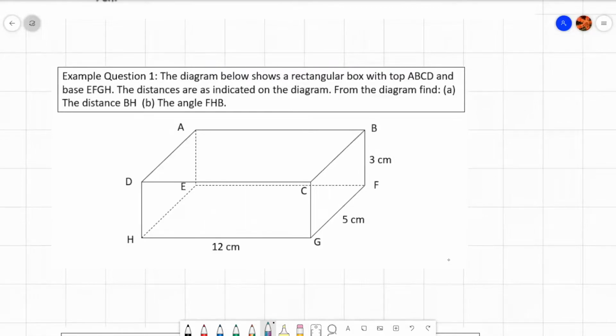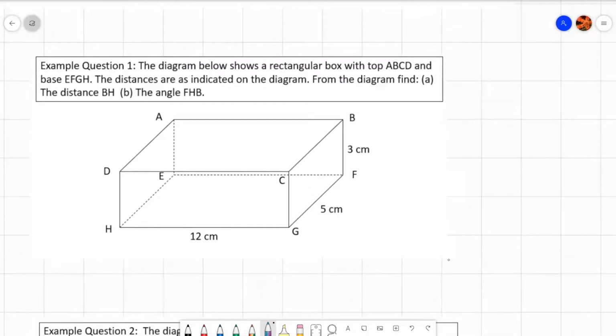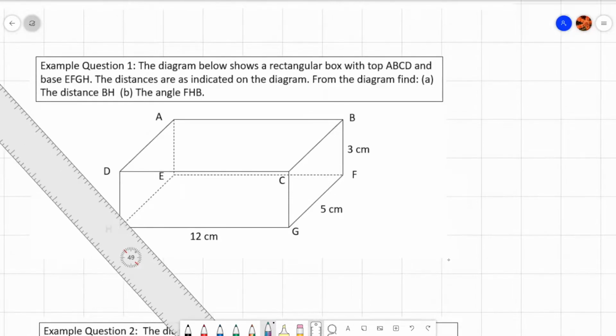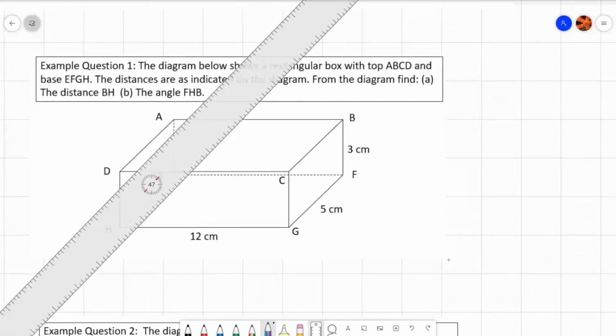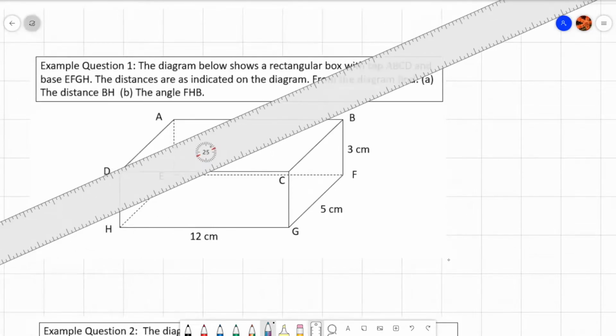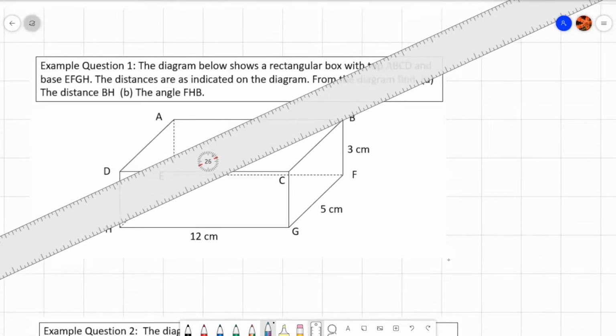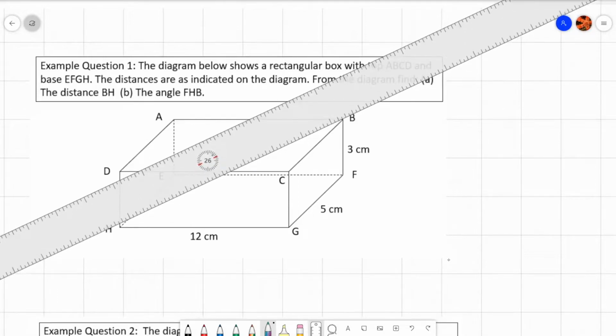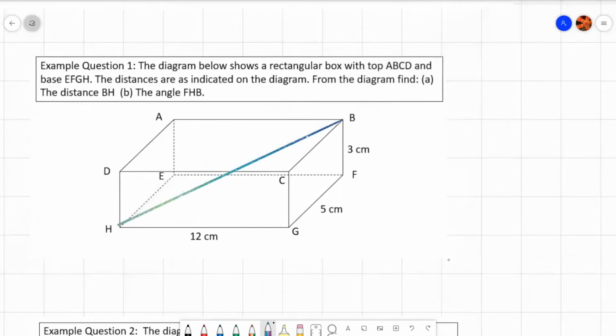Okay, so we are working out BH. Where's BH? So BH this time, if I get my ruler and I'll try and join that up. Okay, that's BH.